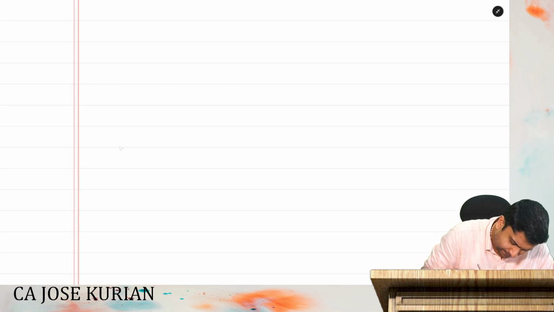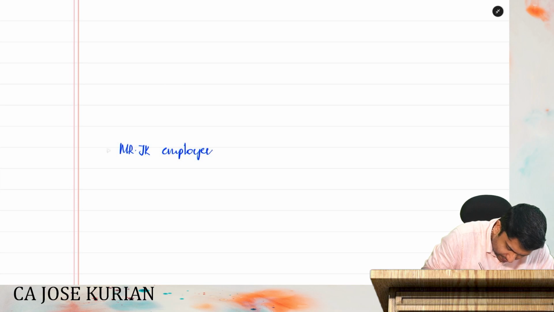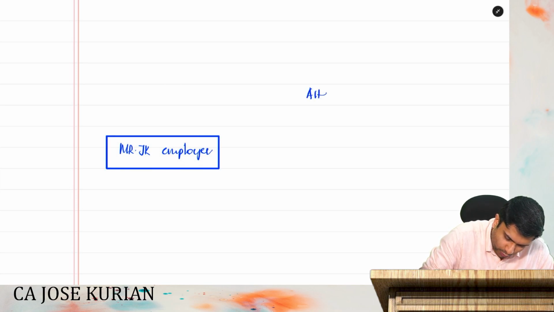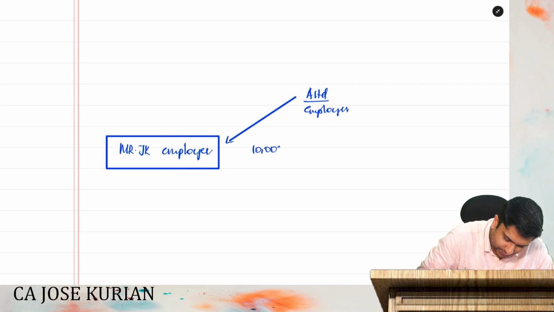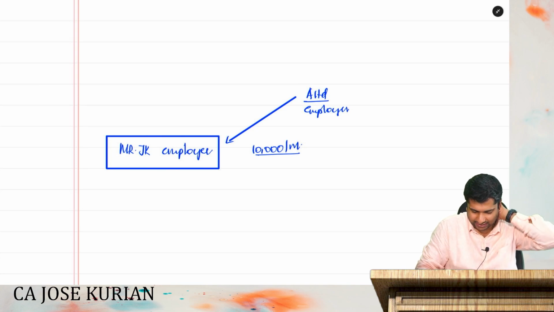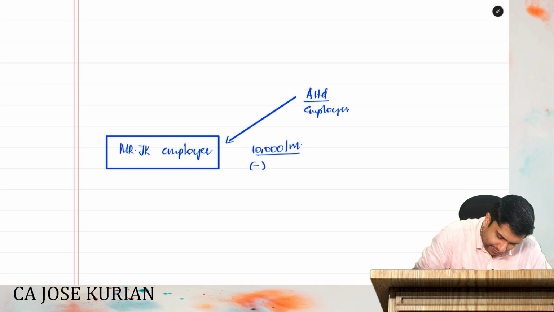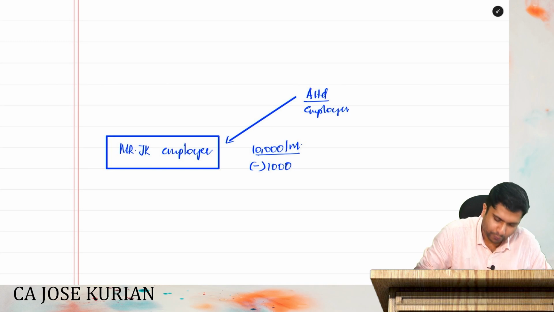Say for example, Mr. JK is an employee of A Limited. So A Limited is the employer. Mr. JK is getting a monthly salary of 10,000 rupees every month. From this 10,000, say JK is depositing 1,000 rupees to Provident Fund.